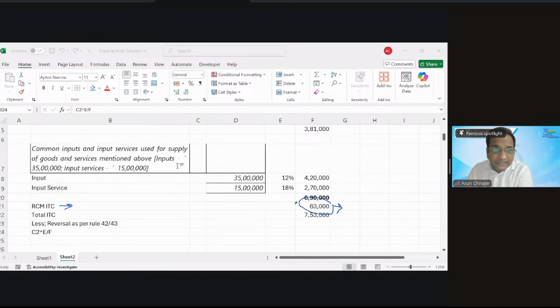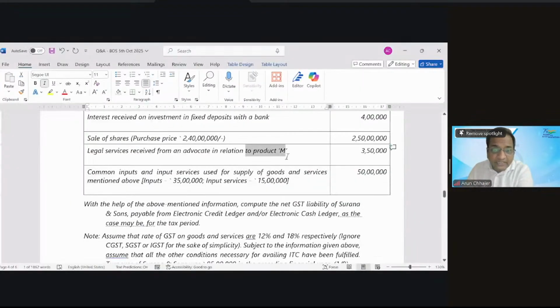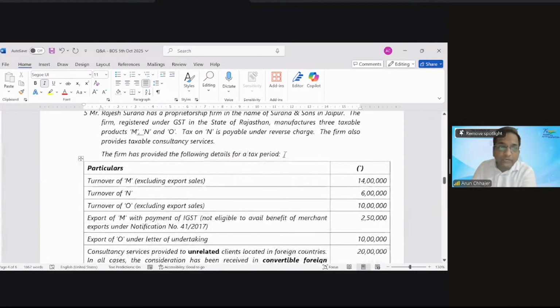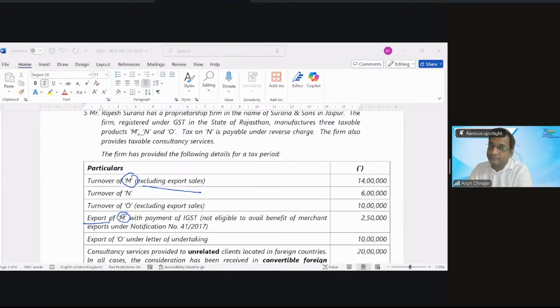It says that legal services were received in relation to product M only. And what is product M? I have done the sale of product M and I have done the export of product M. Because these are completely taxable supplies, it is used exclusively for taxable supplies.